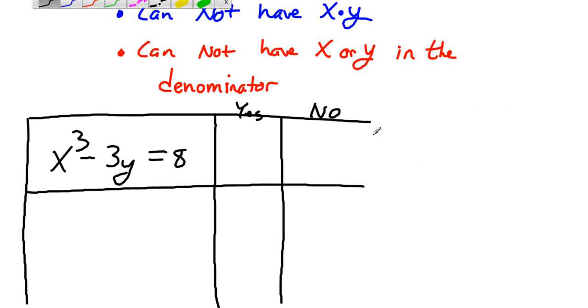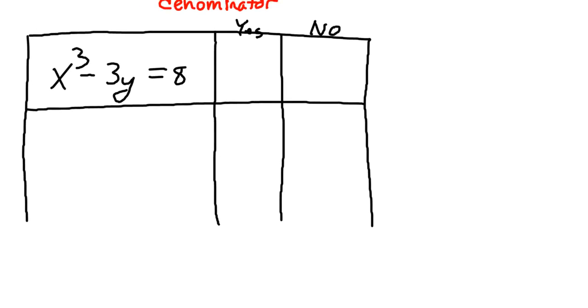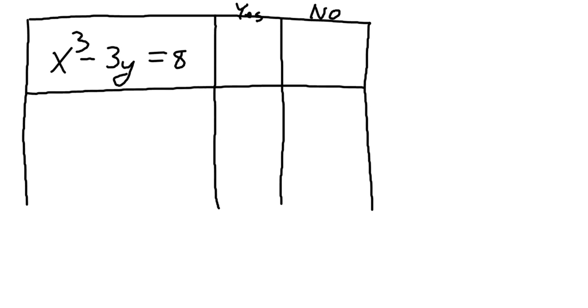No, that's strictly yes or no. There's nothing you do other than look at it. Okay, so you've got x to the third minus 3y equals 8. X to the third, right? Power is bigger than 1, so that's a no.